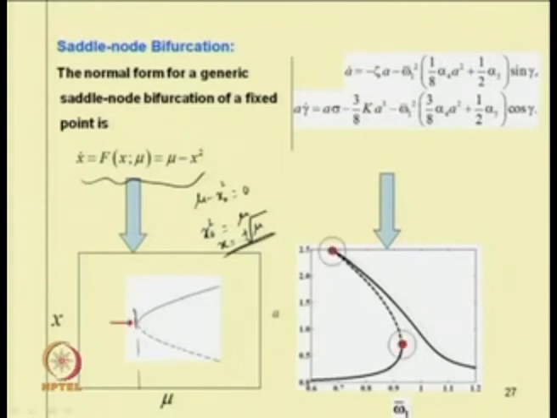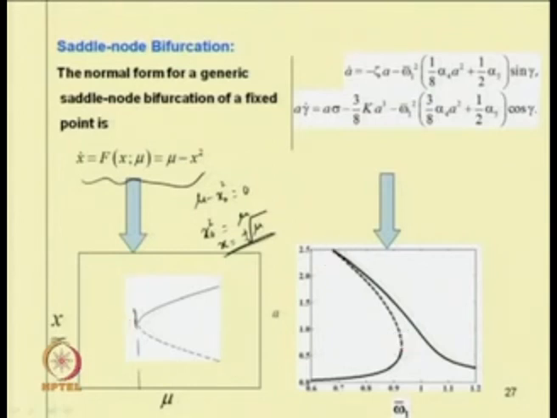Corresponding to mu equal to 0 we have the response equal to 0, but with a slight increase in mu, one can see that we have two responses. As the number of responses changes, this point is a bifurcation point. So we can have plus root mu or minus root mu. This is the value of x corresponding to different values of mu.